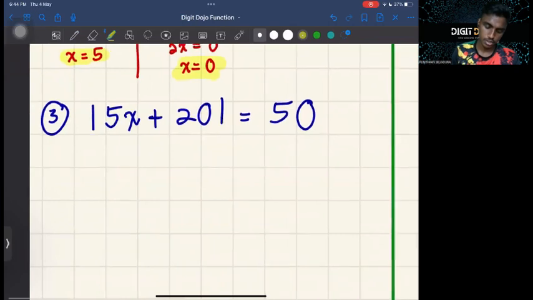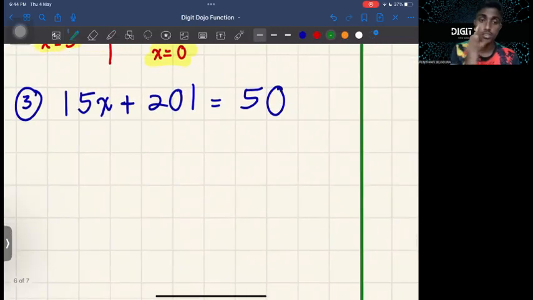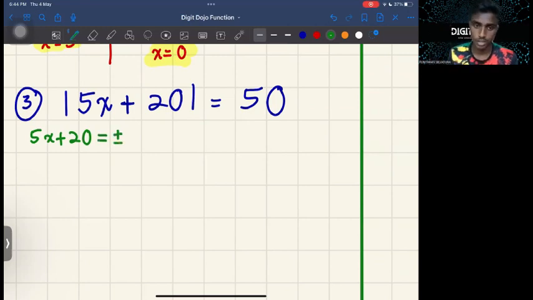Question number 3. Let's choose green. Modulus 5x plus 20 equals to 50. How to do this one? As I told you, we want to remove the modulus. We want to find the value for x. Put equals. You have to put positive, negative 50.